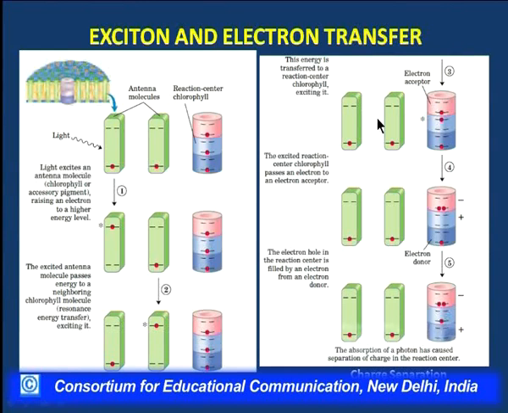This whole process goes on in succession till the antenna molecule which is adjacent, in juxtaposition to the reaction center, comes in contact with the reaction center. We find that the reaction center molecules have all their electrons in the ground state.